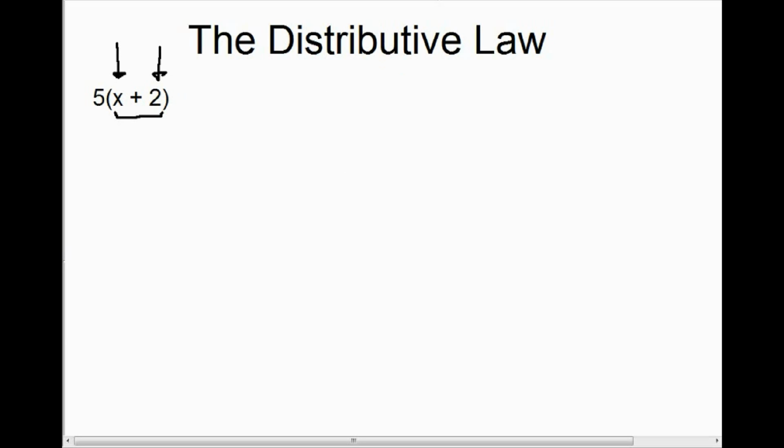And this is where that distributive property that we saw in the last example comes in very handy if we want to simplify this. Because 5 is being multiplied by everything inside of the brackets, we can multiply 5 times x and 5 times plus 2. Now, when we multiply 5 times x, we can't actually solve that, but we can rewrite it as 5x. 5 times x and 5x are the same thing. And 5 times plus 2 is plus 10.